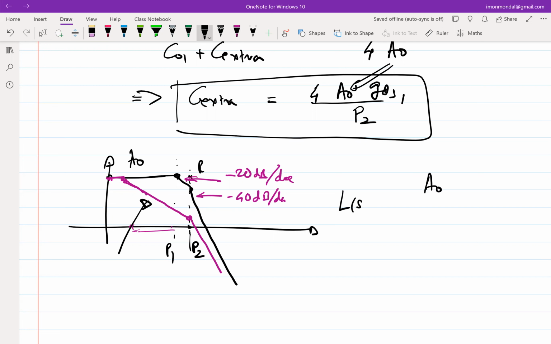Bode approximation: A naught. For omega greater than P1N and less than P2, that is this region of the plot, how will you express L of S? Bode approximation. You can neglect this term because omega is much less than P2. So this becomes A naught by 1 plus S by P1N, or rather you can neglect 1 also, A naught by S by P1N. Okay, so what is this?